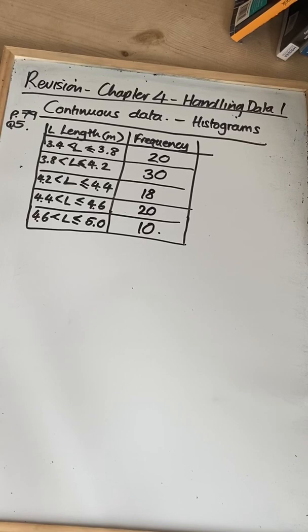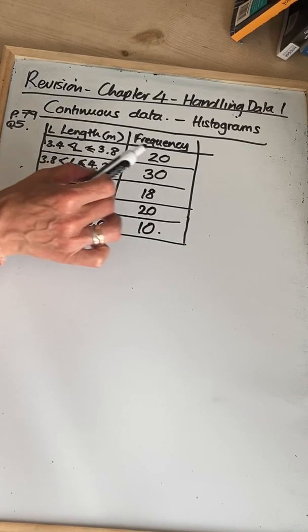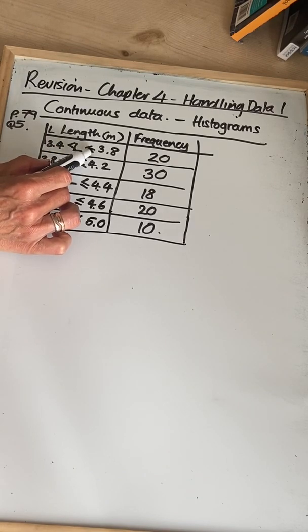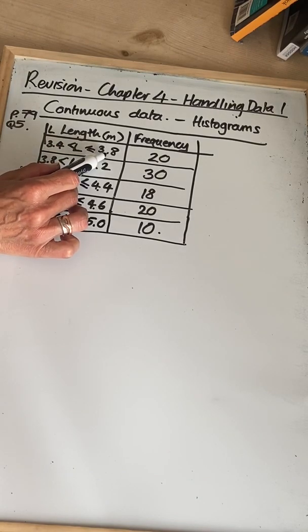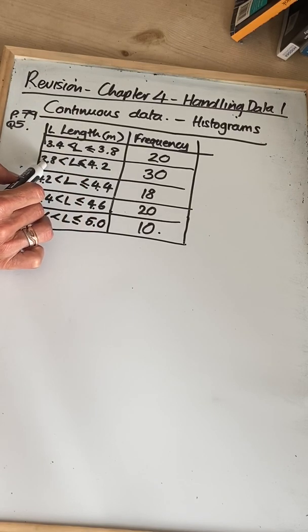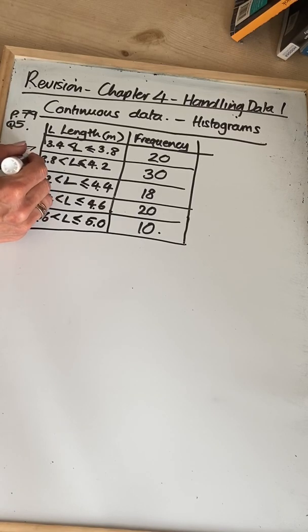Now let's just make sure we understand what this means. This means that they found 20 cars that were, look at the inequality sign, bigger than 3.4 meters and up to and including 3.8 meters. Soon as it goes beyond 3.8 meters, so 3.81 or even 3.801, we move into the next category or class. We call these classes, yeah?